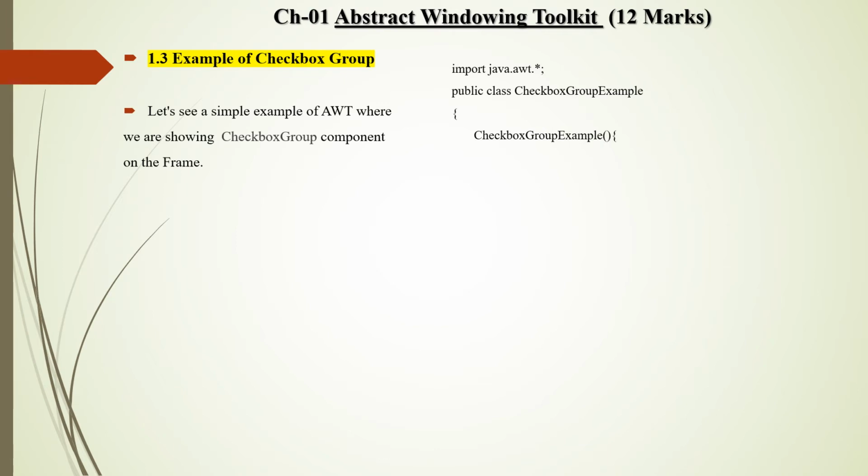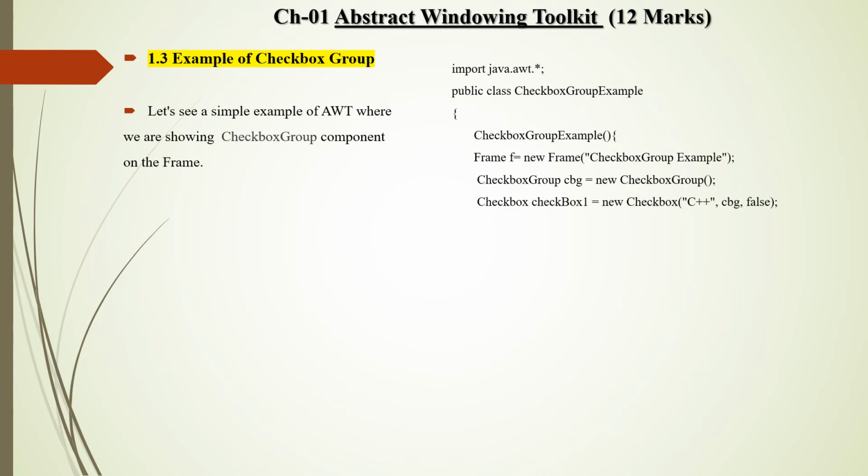Then we create the constructor of the class CheckboxGroupExample. Next, inside the constructor we create one object of the Frame class. Frame f = new Frame, and one string is passed, that is the title for the frame, CheckboxGroup Example. Next, we create one object of CheckboxGroup, cbg = new CheckboxGroup(). So cbg is the object of CheckboxGroup.